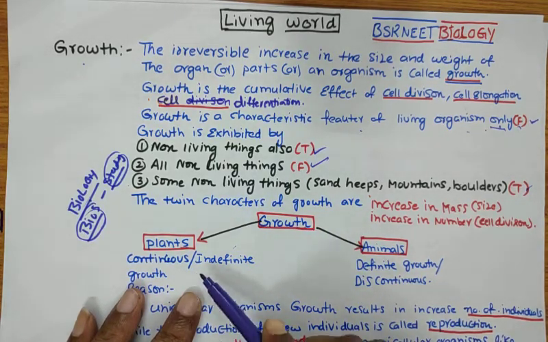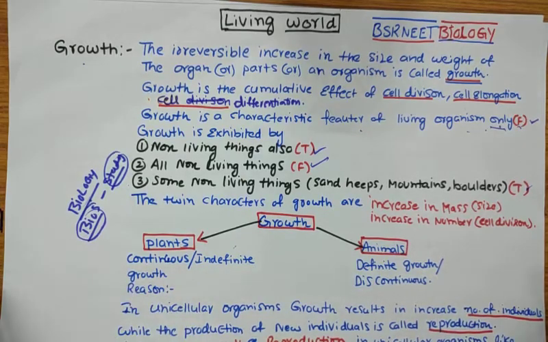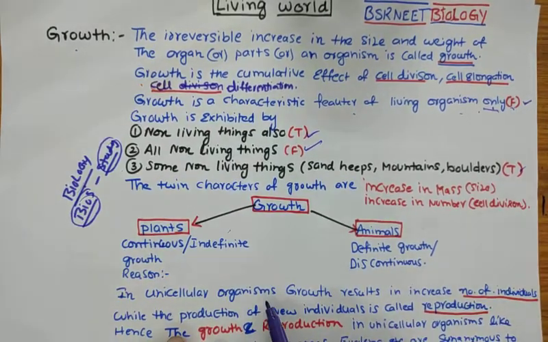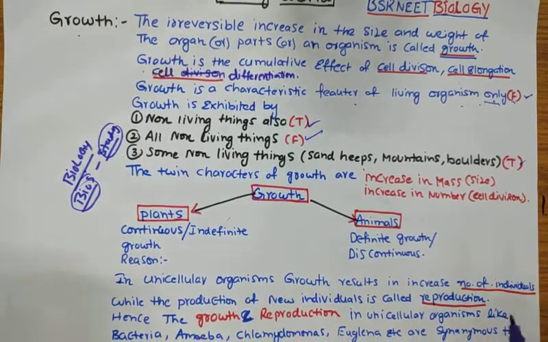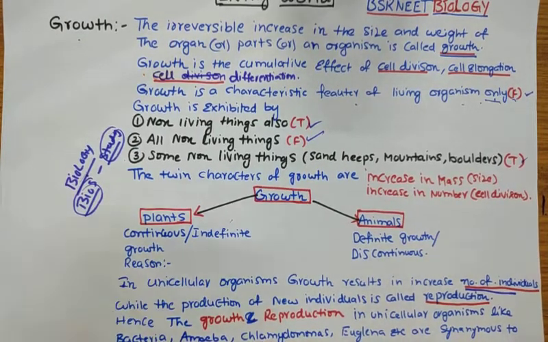In plants, the growth is continuous. In animals, the growth is discontinuous, that is definite. Especially in unicellular organisms, growth results in an increase in the number of individuals. But a very important point: the production of new individuals is called reproduction.